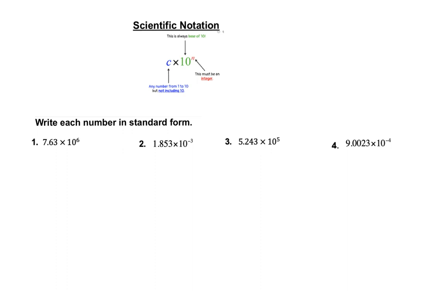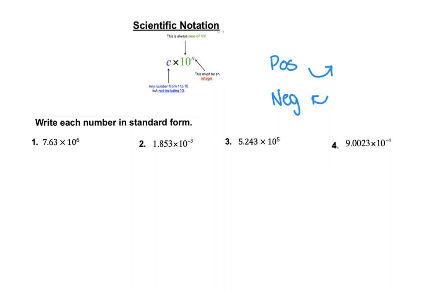So when you've got a positive integer, we're moving the decimal to the right because we're multiplying, whereas if you have a negative integer, you're moving the decimal place to the left because you're dividing by that 10.